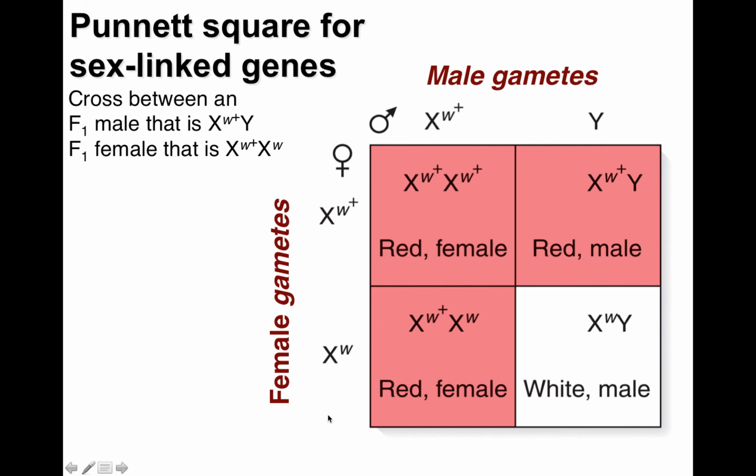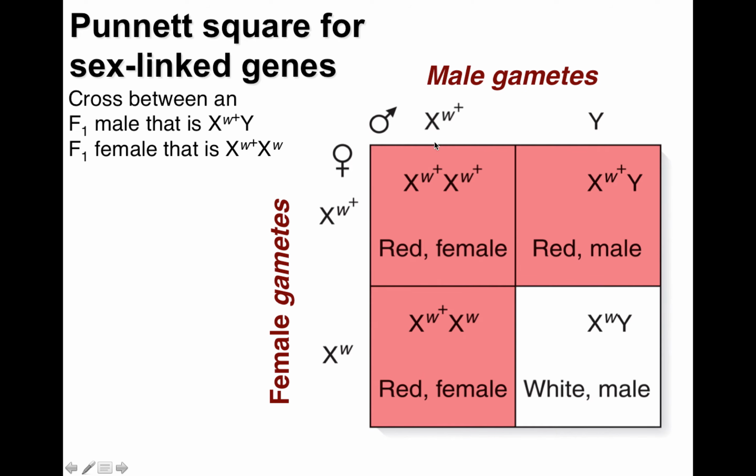Okay, let's do a different cross. Let's cross an F1 male that has an X chromosome with a wild type allele, and a female that is heterozygous for the white-eyed gene.